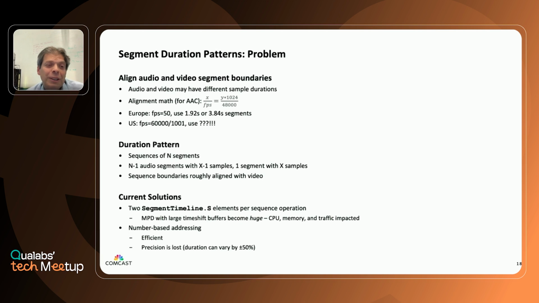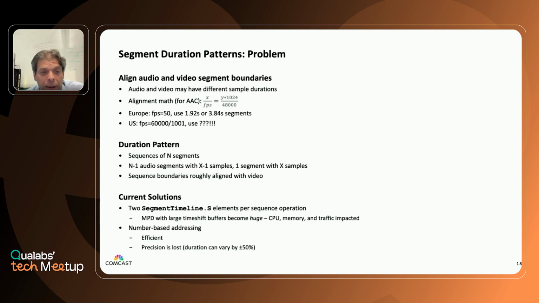For the US, with a 60000 by 1001 frame rate, if I remember correctly, this is somewhere about 15 minutes. So obviously this is not going to work. So people came up with patterns. A pattern, in current practice, is a sequence of n segments. It has n-1 audio segments with x-1 samples, and then one longer segment with x samples.